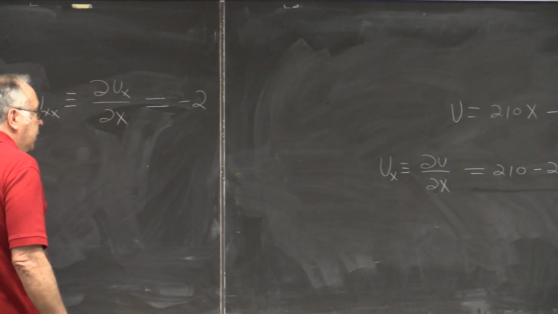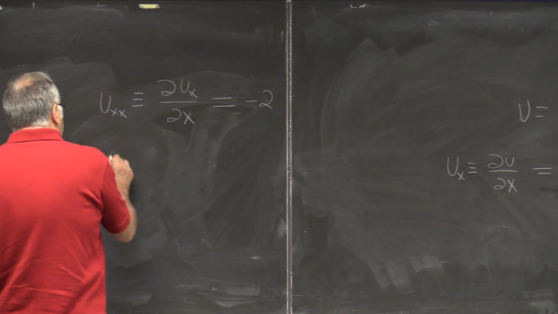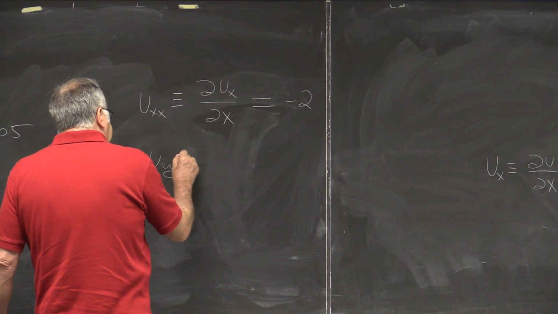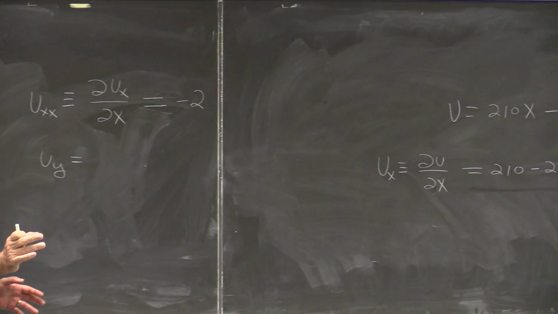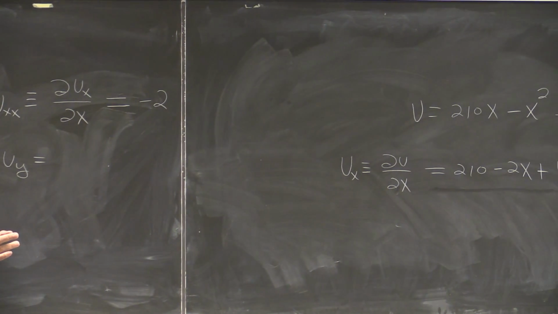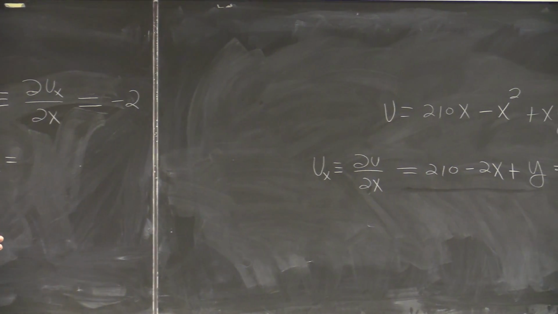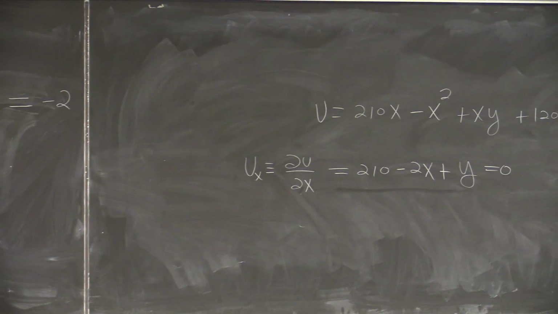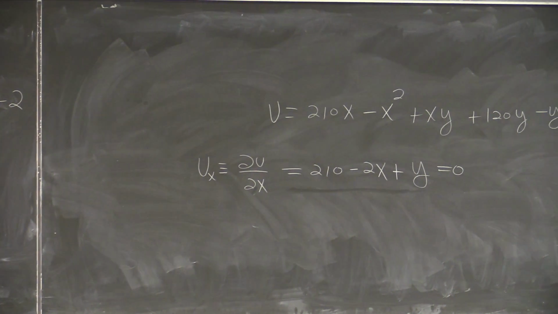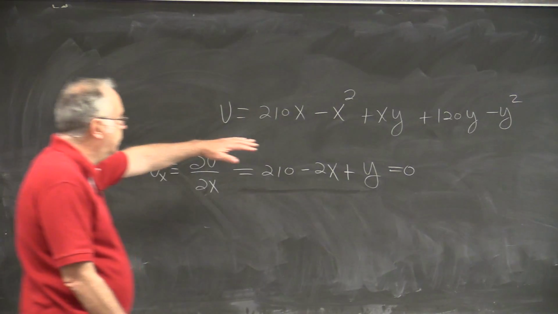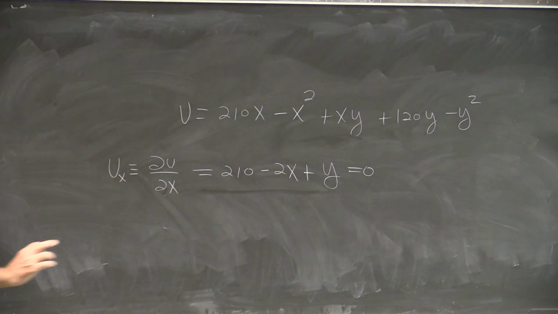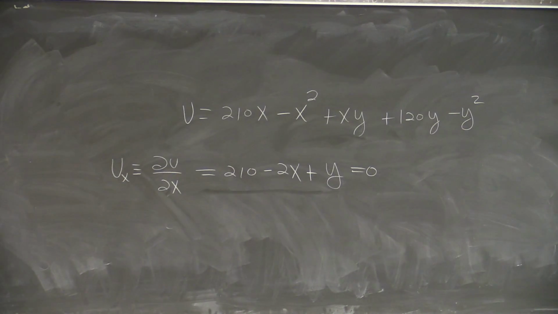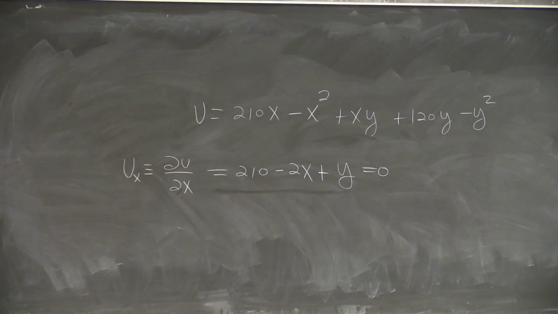First, we would need to get u_y, wouldn't we? u_y is what? x plus 120 minus 2y. Okay, it would be x, differentiating this term here with respect to y, plus what's the rest of it? 120 minus 2y.